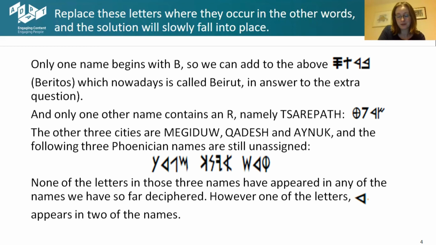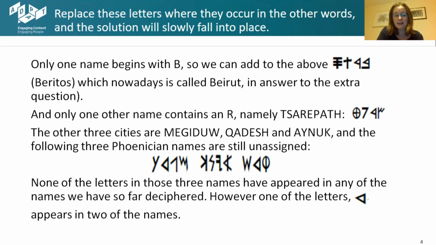There's one version of this puzzle where it asks you to name that city. From there, we can see only one other name contains an R, so we get Zerapath. The other three words are Megiddo, Kadesh, and Anyuk.